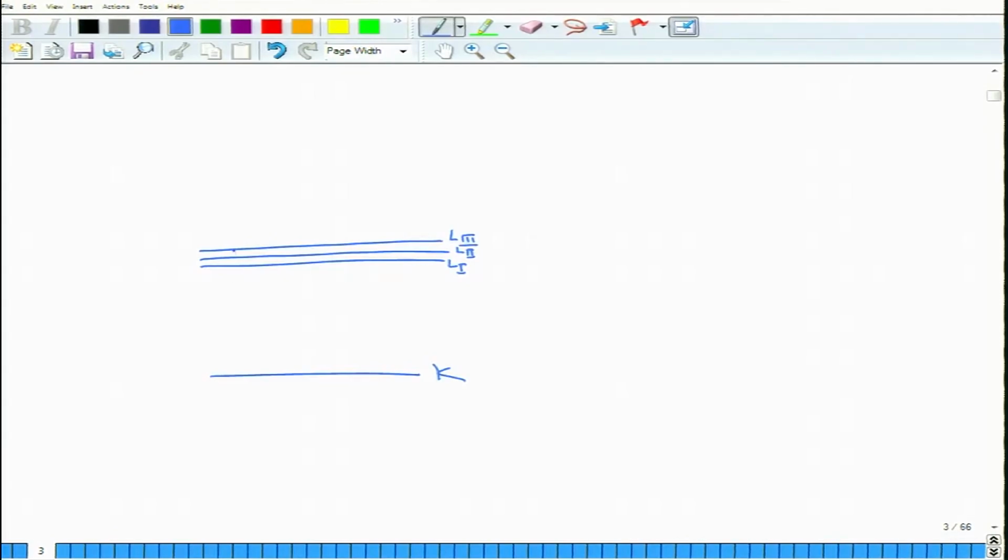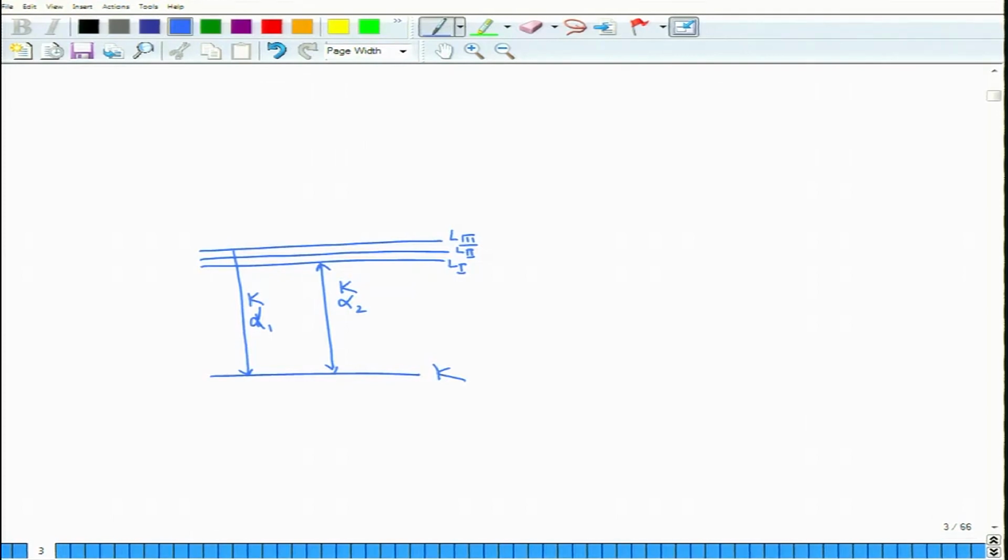The transition from the L3 level is the alpha 1 transition, and transitions from L1 and L2, which are quite close to each other, are designated as alpha 2 transitions. This is the signature: K alpha 1, K alpha 2, and accordingly you will have L alpha, M alpha and so on.